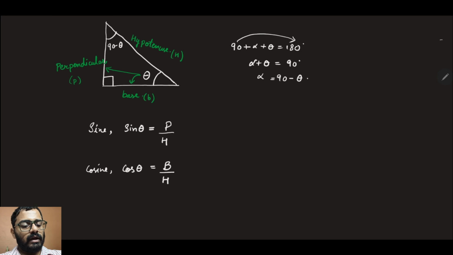Okay, after that we have tangent. Tangent, right? So tan theta will be equal to the ratio of perpendicular with the base.